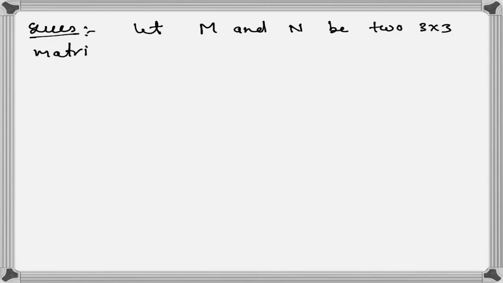Question: let M and N be 3x3 matrices such that MN is equals to NM.